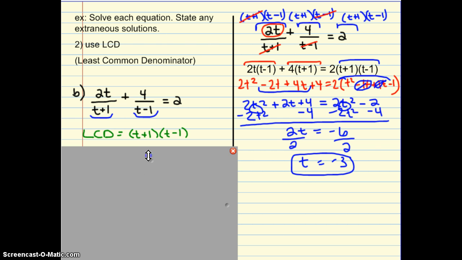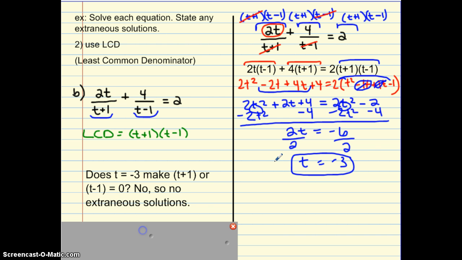And the question again that I want to check is, does my t equals negative 3 make either of these things equal 0? It does not, so I have no extraneous solutions again.